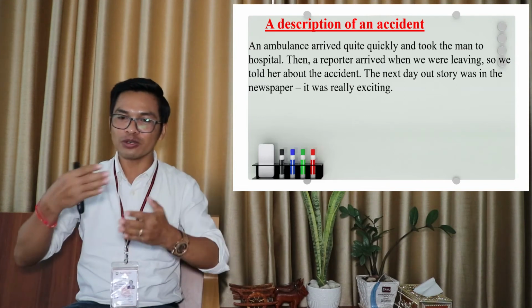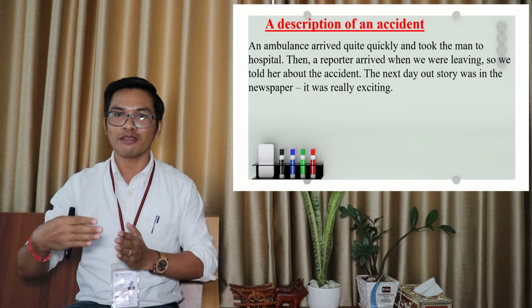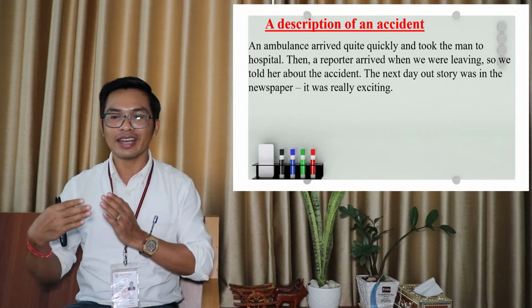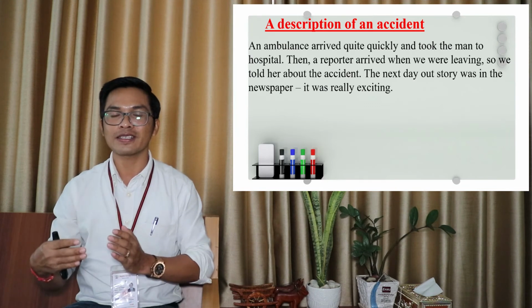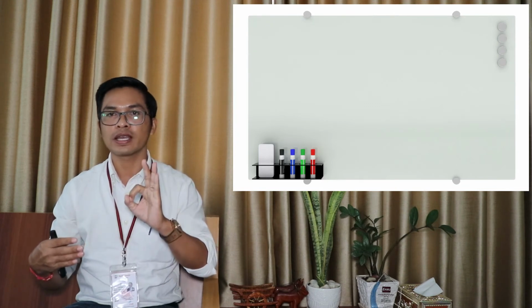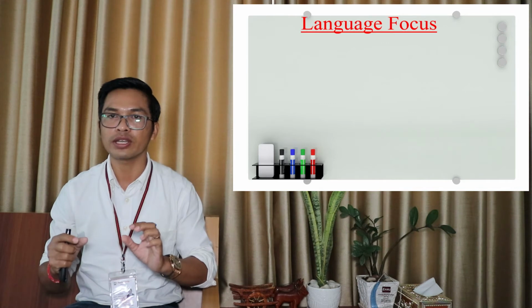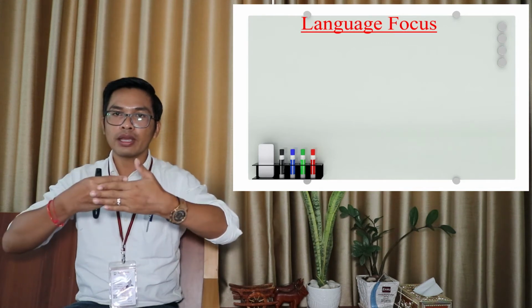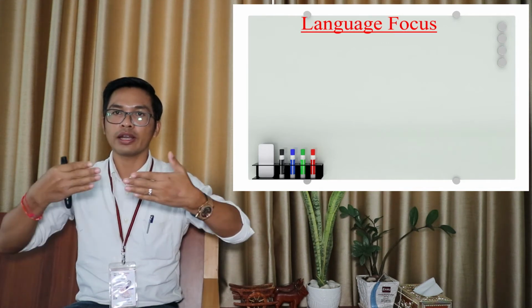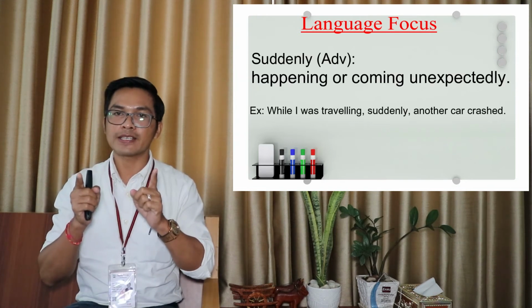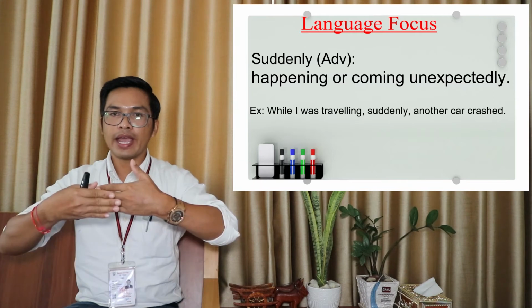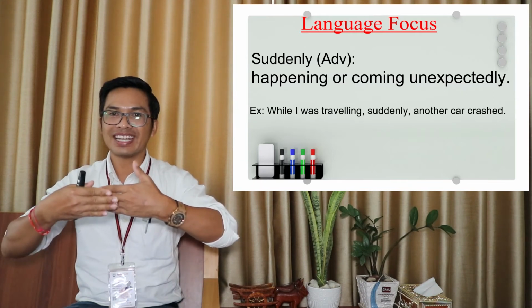Alright, so I hope you get so far with the writing of an accident. And also, in this writing text, I want you to understand 3 other words that are very important for your writing, and you can use them to introduce your idea or connect your ideas together. Number 1, suddenly. What does suddenly mean? It is about an idea happening unexpectedly.